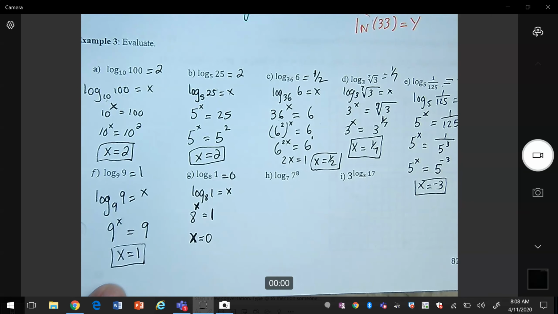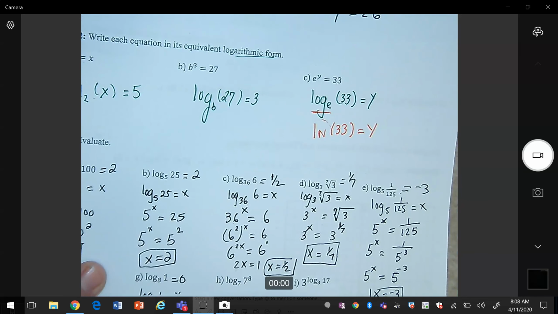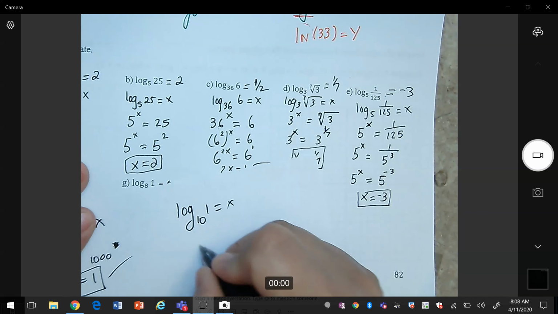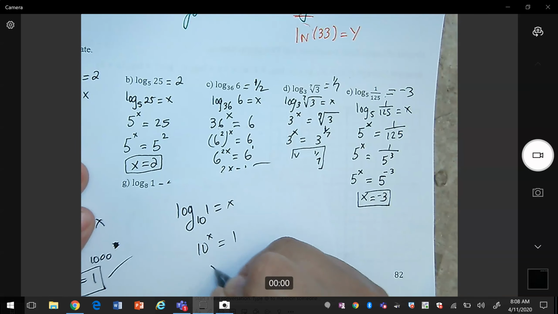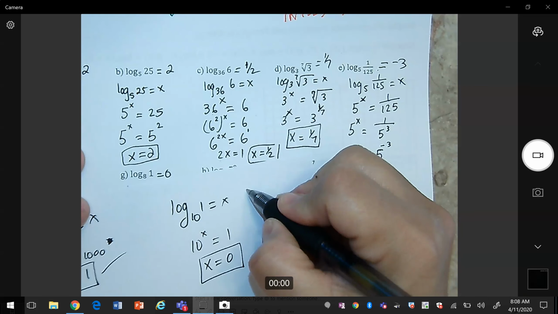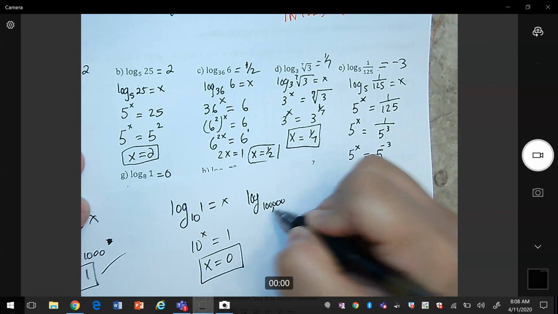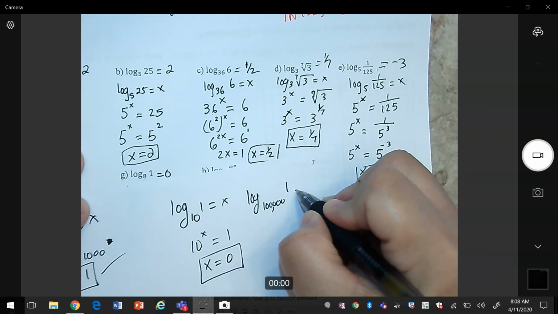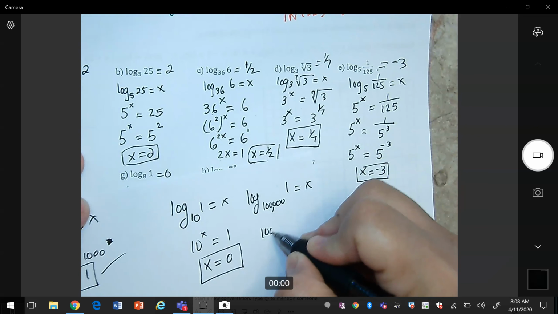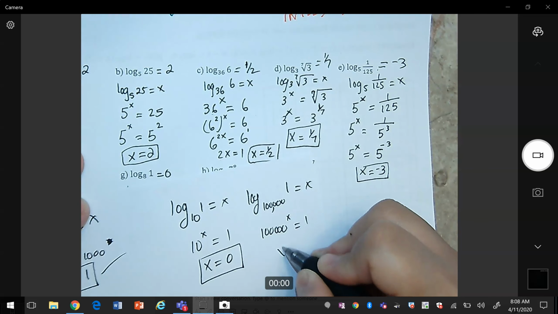And so if I give you some more examples, log base 10 of 1, then x has to be 0. Okay, or I can say log of 100,000, so it doesn't matter.